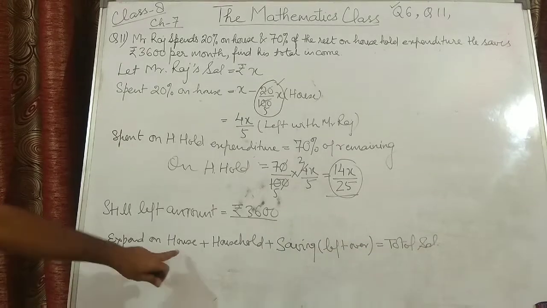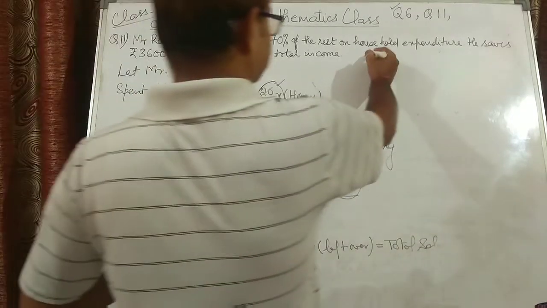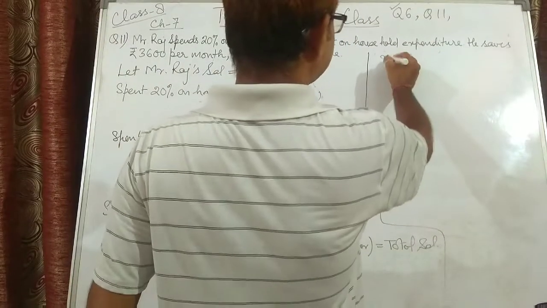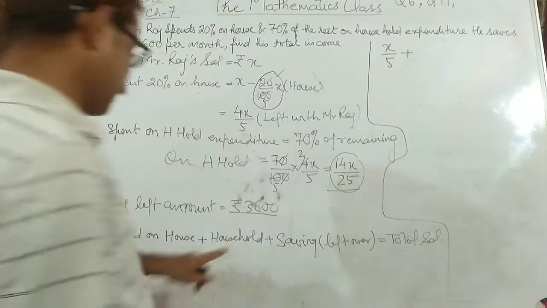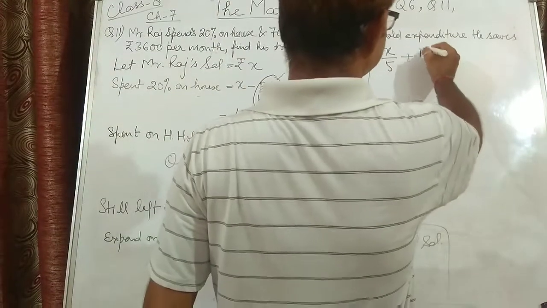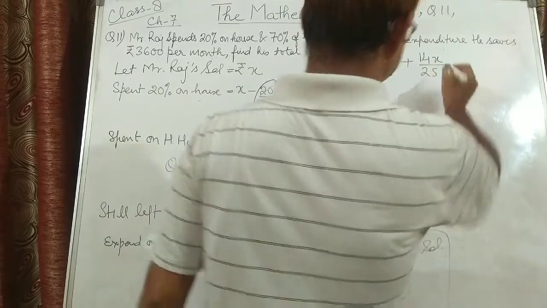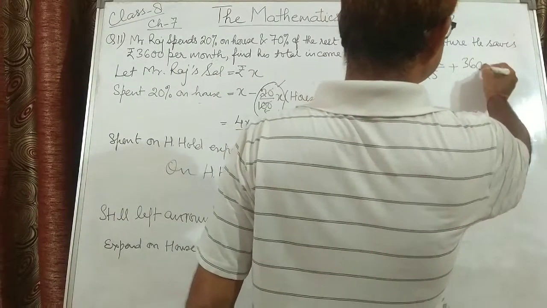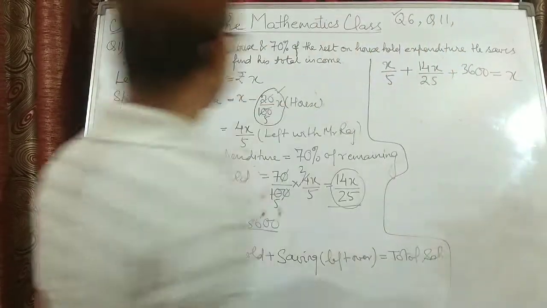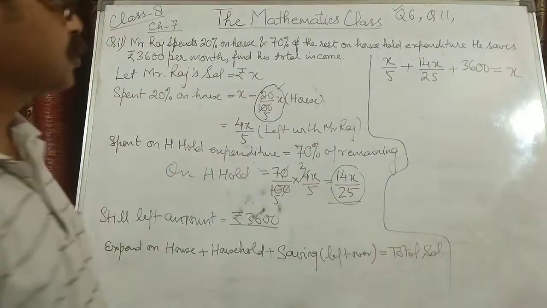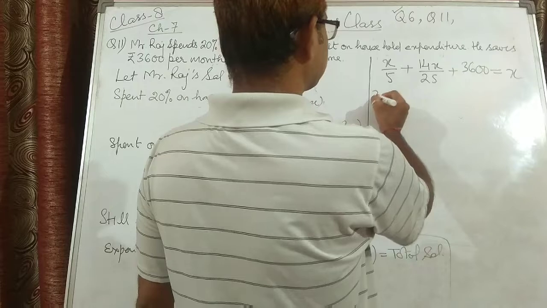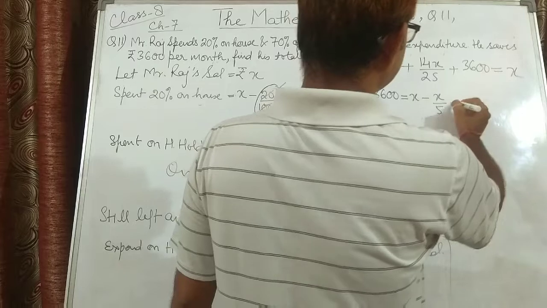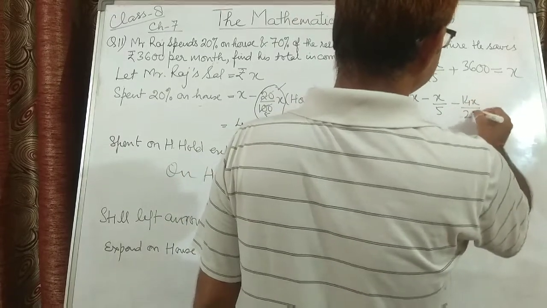So expenditure on house is x upon 5. So x upon 5 plus household expenditure 14x upon 25, plus how much is left with him? 3,600 is equal to his total salary, that is X, because we assumed Mr. Raj's total salary is X. So now these two things will go to that side. 3600 is equal to X minus X upon 5 minus 14X upon 25.